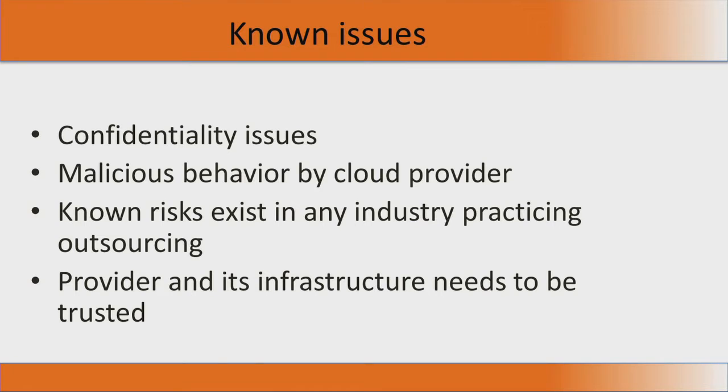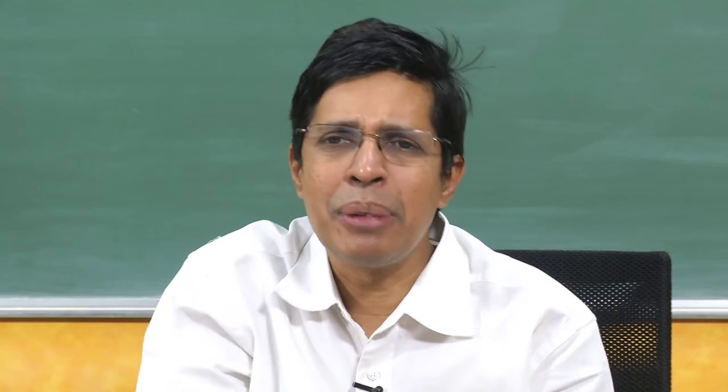So, what are the known issues when you go for third party computing? Of course, confidentiality issues are important, and we are going to a third party. So, there could be malicious behavior by the cloud provider himself, and there could be some other customer of the cloud provider who could have malicious behavior. And of course, this is an outsourced model. I am actually getting this in the cloud being maintained by the third party.